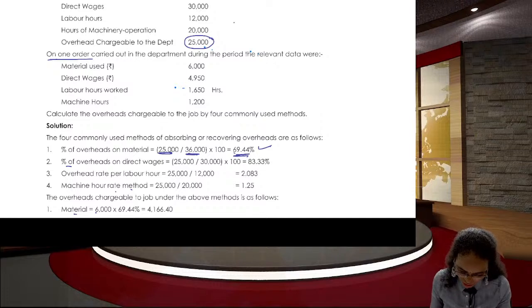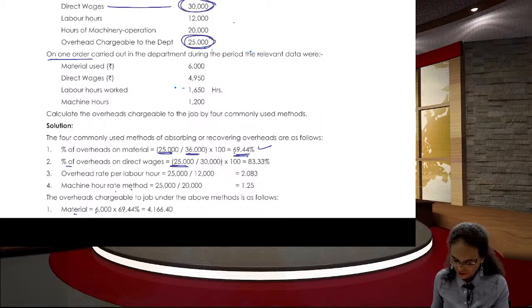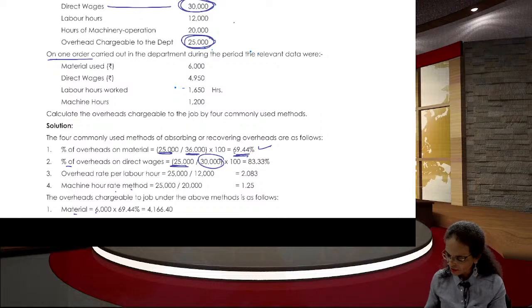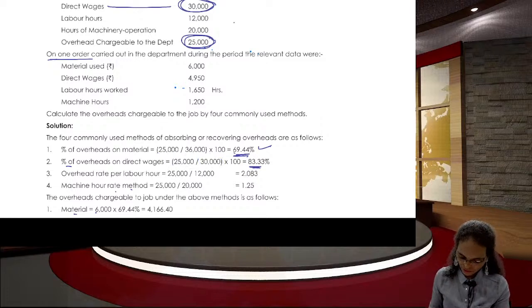Next one, direct wages 30,000. So 25,000 is the overheads on the basis of direct wages 30,000. So 25,000 divided by 30,000 is nothing but 83.33 percentage. Guys, are you understanding?